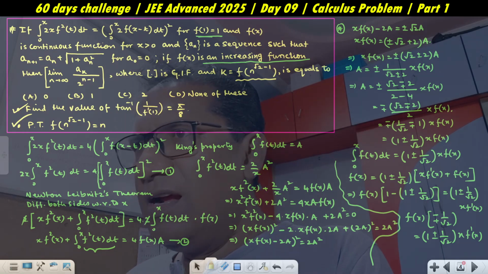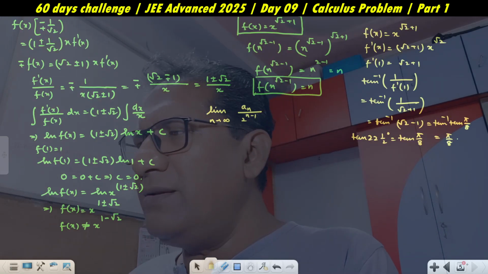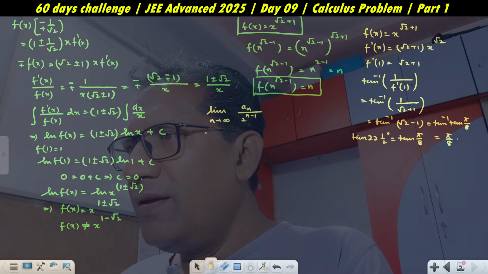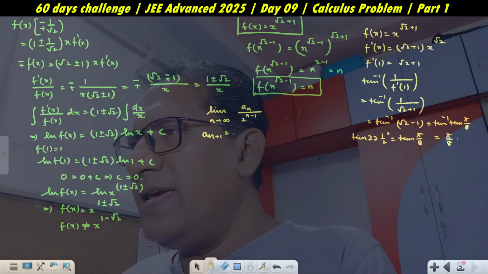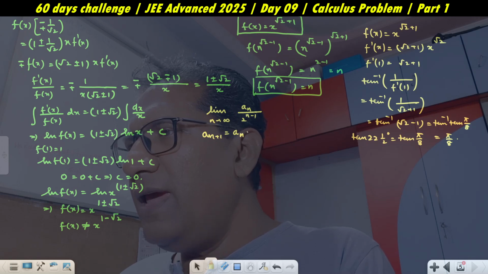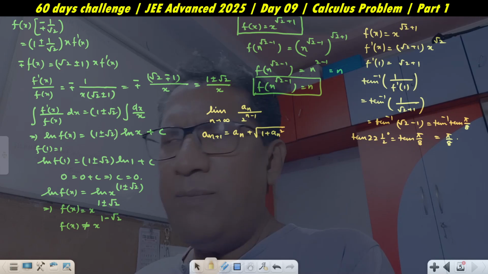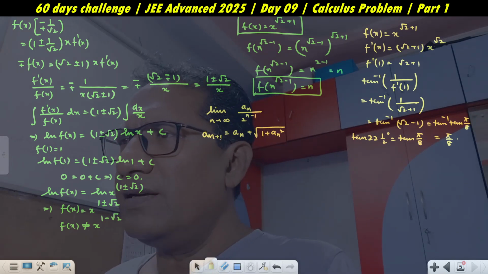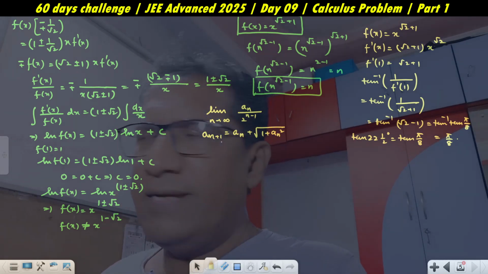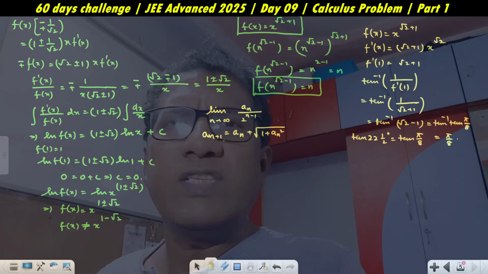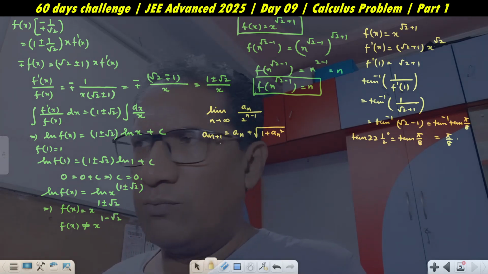Now we have the recurrence relation a(n+1) is a(n) plus root over 1 plus a(n) square. Here we have to find the limit of two sequences taken in the ratio.